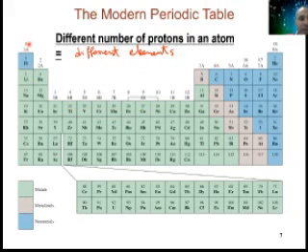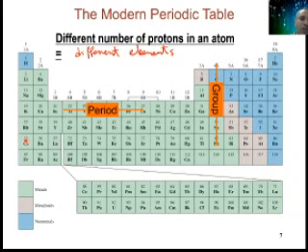Group 1A on the most left-hand side of the periodic table, then group 2A, group 3A, and so on. And elements that belong to the same group will have similar chemical behavior. This is why we actually give different groups some specific names to differentiate them from other groups.